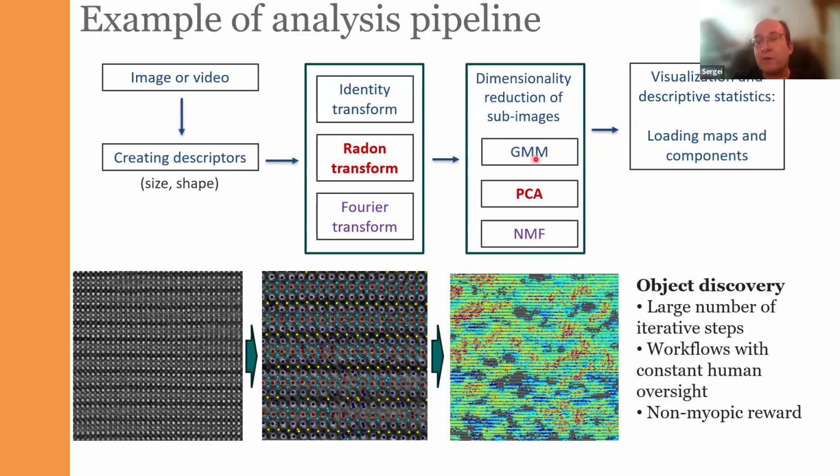GMM comes with the way you represent your covariance matrix. NMF comes with the number of components, and so on and so forth. And the reward in this case is non-myopic, meaning that the quality of the image I get in the end depends on decisions that I made fairly early on in the analysis workflow.